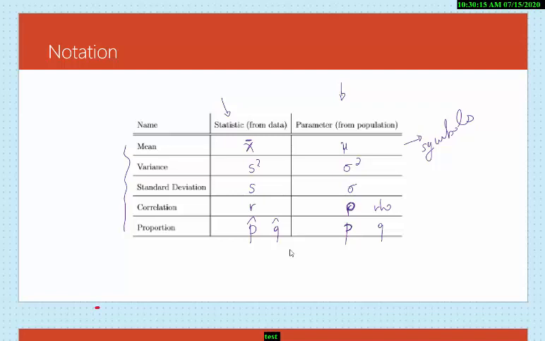When we refer to a parameter, we have different theorems and different formulas that apply than when we refer to statistics. So if I say the mean of a group of students of UIC, and I'm referring to just a group of the population, and I talk about the statistics, so if I want to take the average grade of a group of students of UIC, then I'm talking about a statistic, and I will refer to that as X bar. When I refer to the entire body of UIC, then I will refer to the average of their grades as mu.